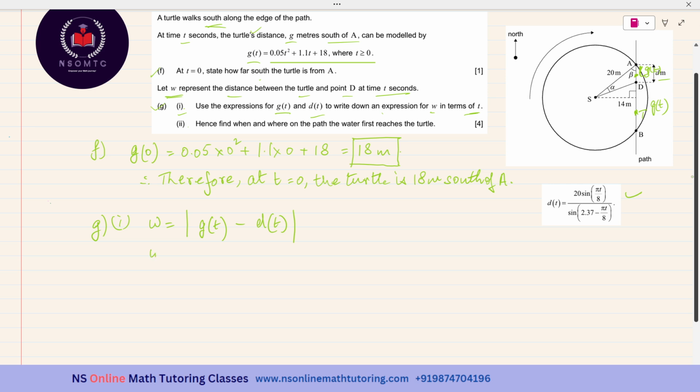So this is W equal to, don't keep it this way, you have to write the expressions. 0.05 t square plus 1.1 t plus 18 minus 20 sine pi t over 8 divided by sine 2.37 minus pi t over 8.